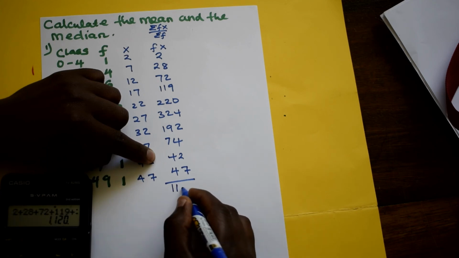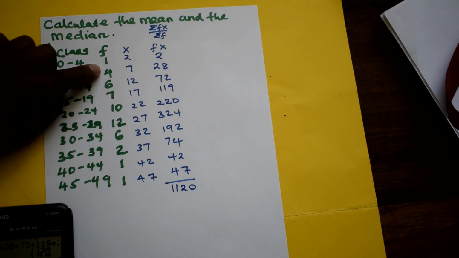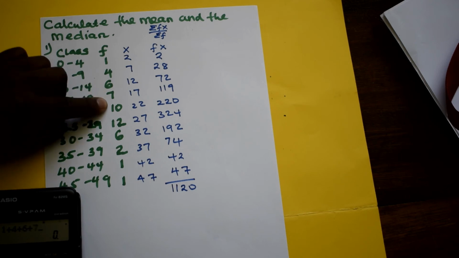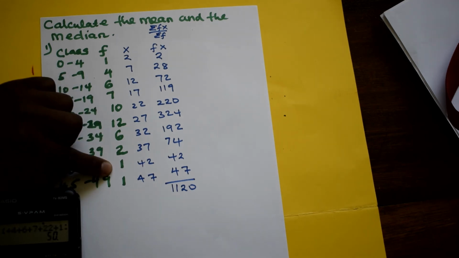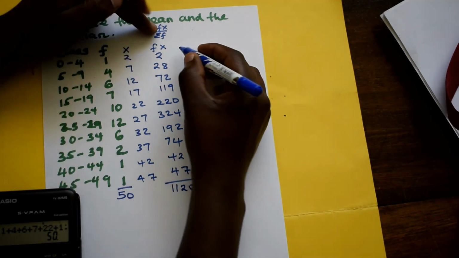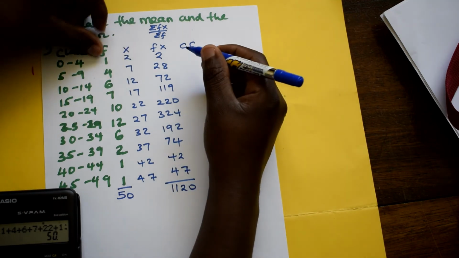So this will give us 1120. Our total frequency will give us 50. We also need the CF, the cumulative frequency, so that we can calculate the median.